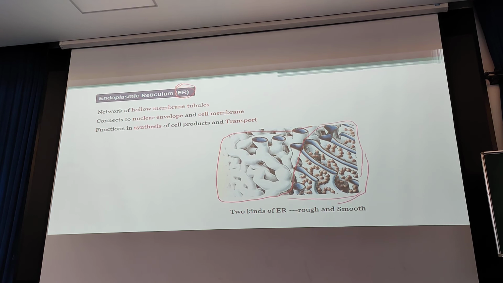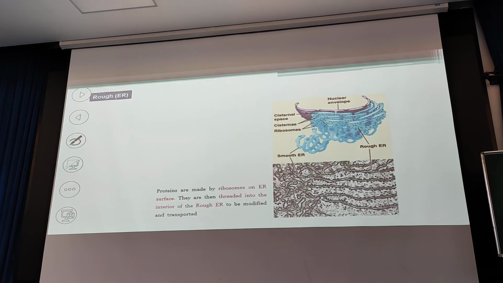Smooth ER and mạng lưới nội chất hạt, we have rough ER. This is the rough ER. The rough ER has ribosomes on its surface.